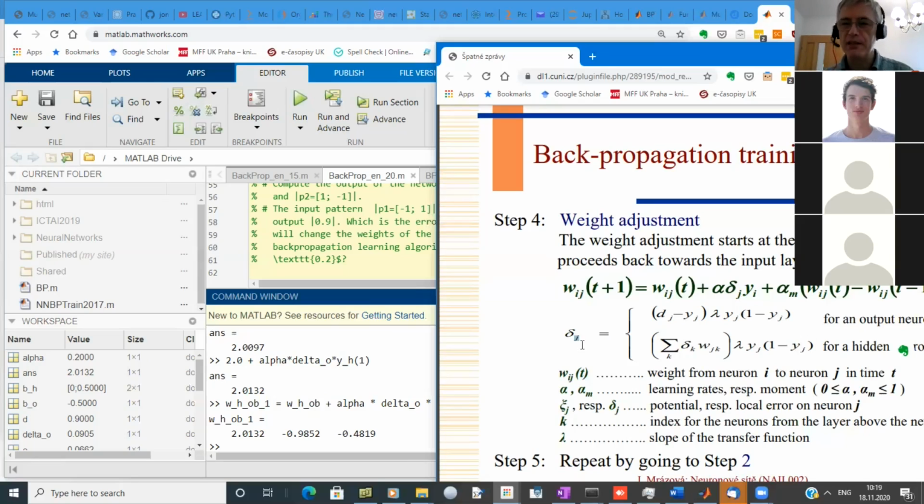Maybe you are wondering, in general, the formulas here for the weights should also include information about between which layers the weight is computed, where it is located inside the network.